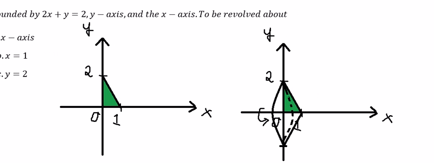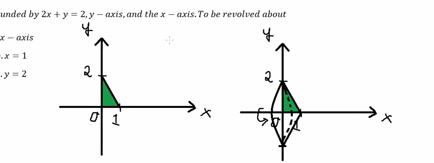So that's about the x axis. So we need to put 2x going to the left and to the right. So you get negative 2x plus 2.